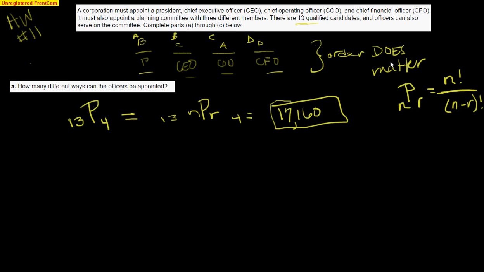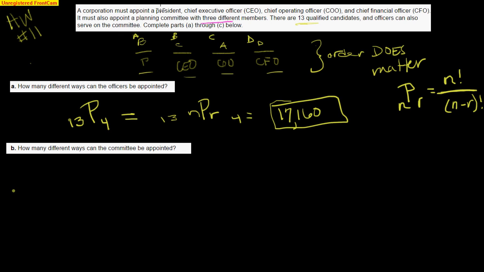All right, let's move on to letter B. Here we go. How many different ways can the committee be appointed? Well, let's go back up here to the question. It must also appoint a planning committee with 3 different members. All right, 3 different members on the committee.